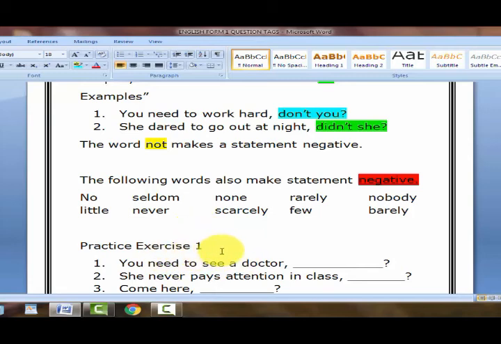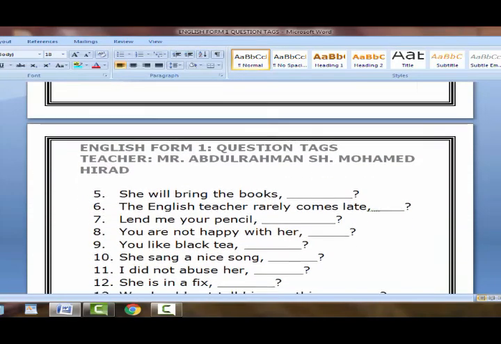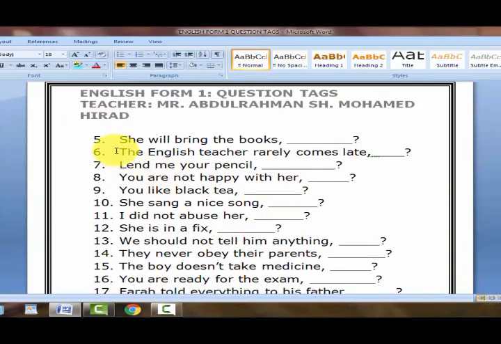Practice exercise 1. You need to see a doctor. She never pays attention in class. You can see, not here, never. Come here. Come on. She dared to storm out of church. So be careful. She will bring the books.